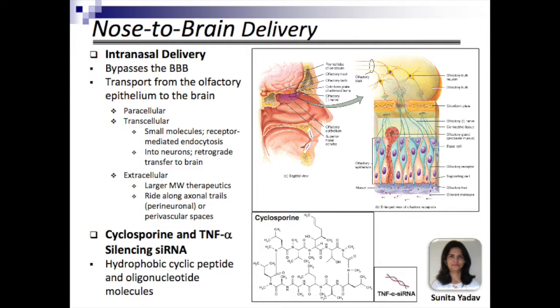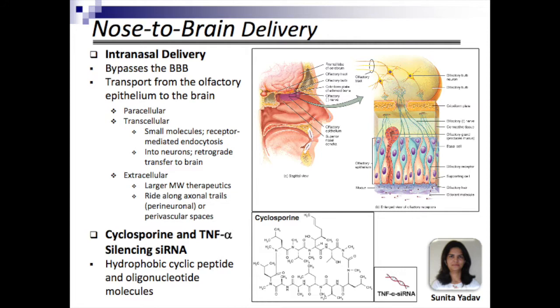Especially with potent molecules like peptides and siRNA, you can have a substantial amount of the molecules delivered into the brain, and more importantly, have a therapeutic response from these molecules, and it also helps to prevent systemic side effects.